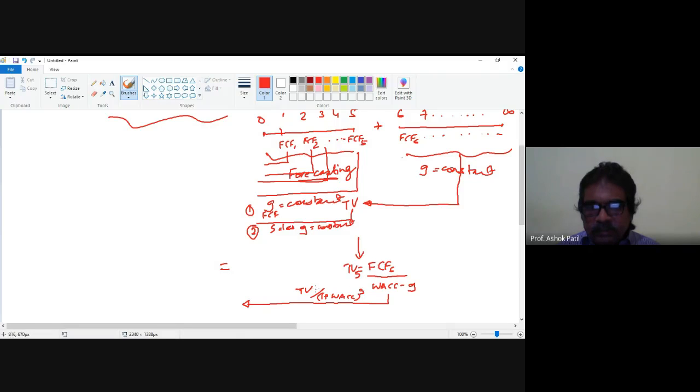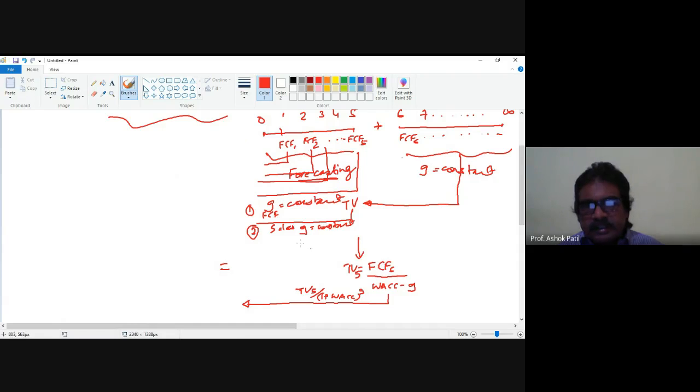So now you can take the present value of this TV like this. Now, as far as the forecasting period calculation is concerned, we need to forecast this, and that is a different ball game altogether, which we are going to do through this example using the Excel sheet.